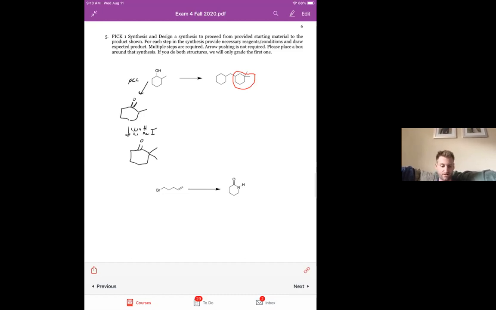We could do the same thing on our more substituted center with a large base. Give us a general carbon skeleton.